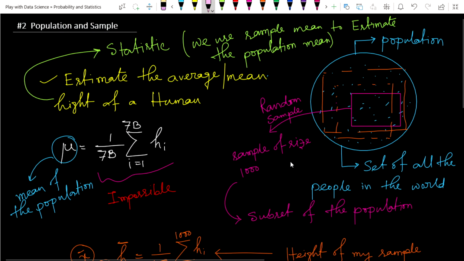I think you now understand the difference between a sample and a population, and why the sample concept is needed in probability and statistics. Estimating the population directly takes huge amounts of time and resources. To avoid that, we use samples to estimate the statistical parameters of our data sets.